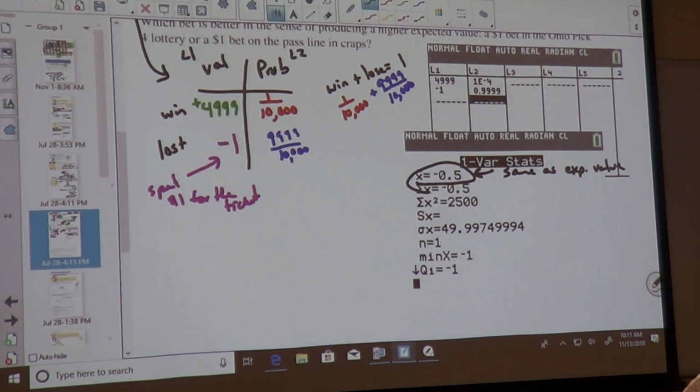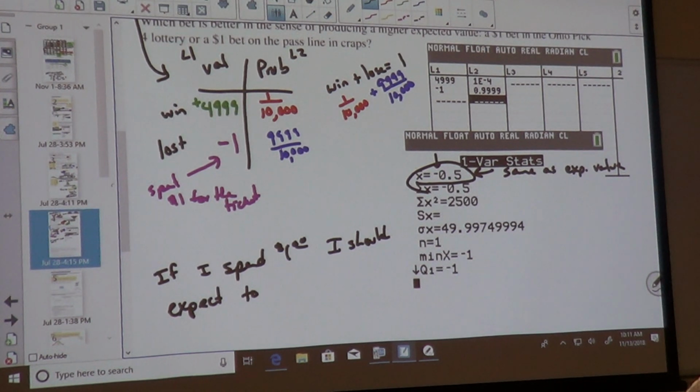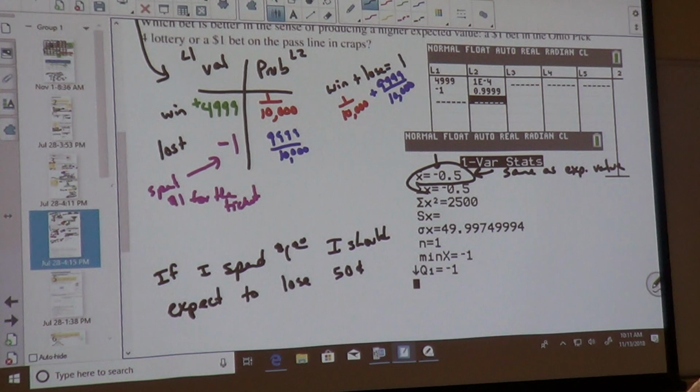So y'all, if I spend $1, I should expect to win or lose, because this is negative, I should expect to lose 50 cents.